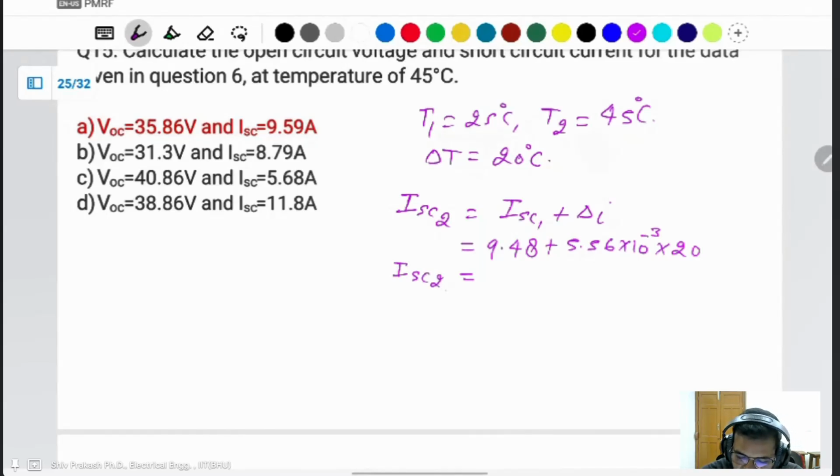And what is the final current? 9.59 ampere.